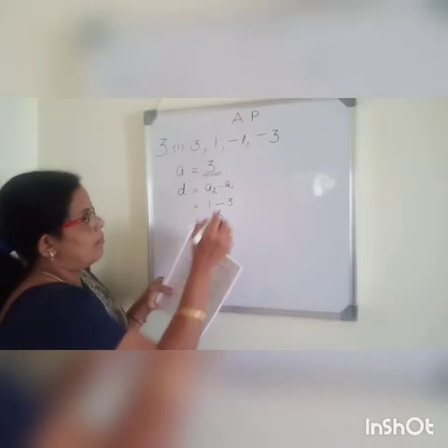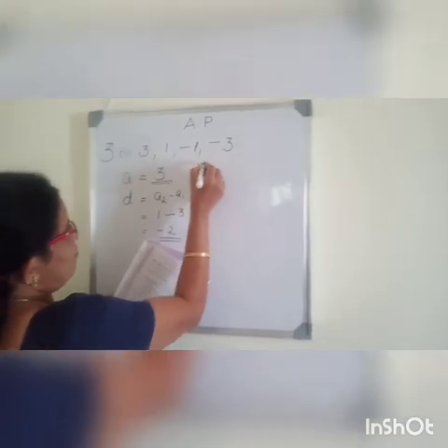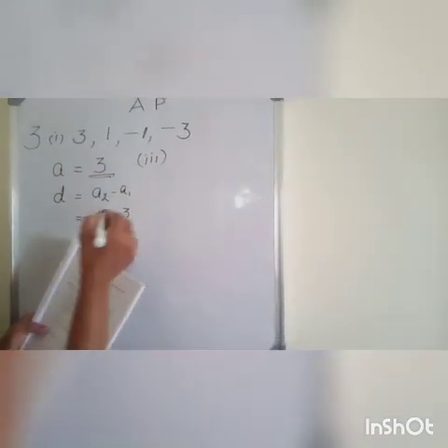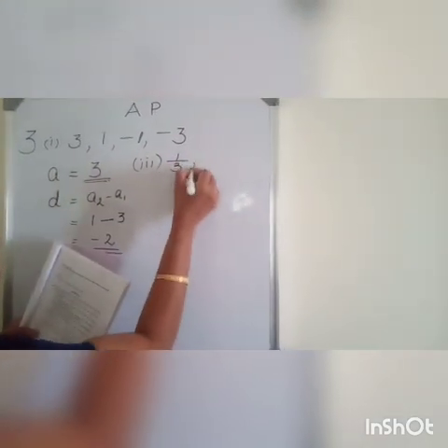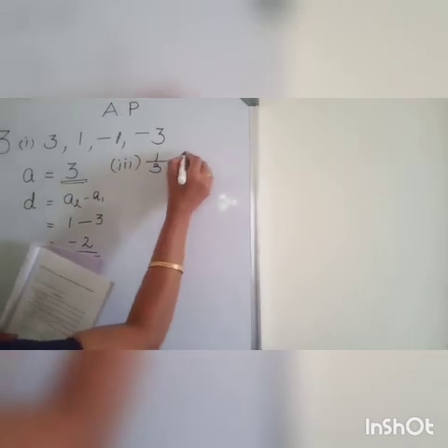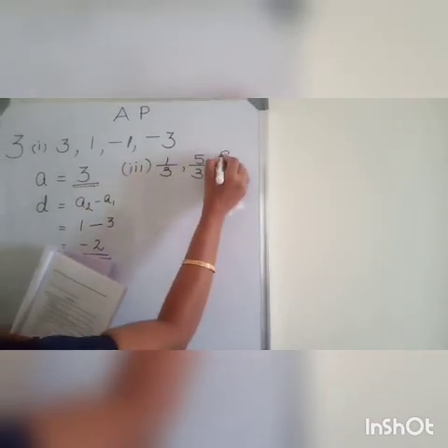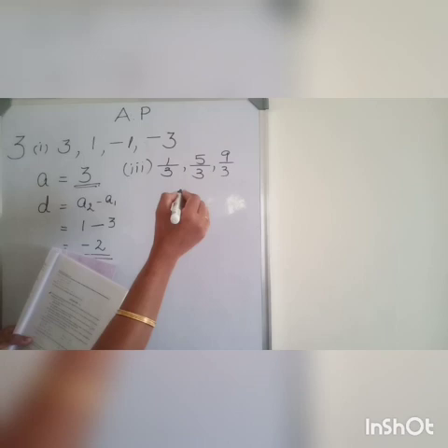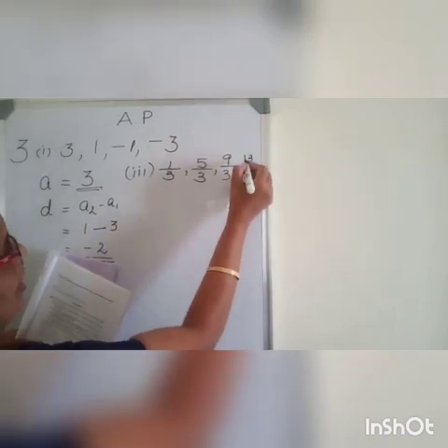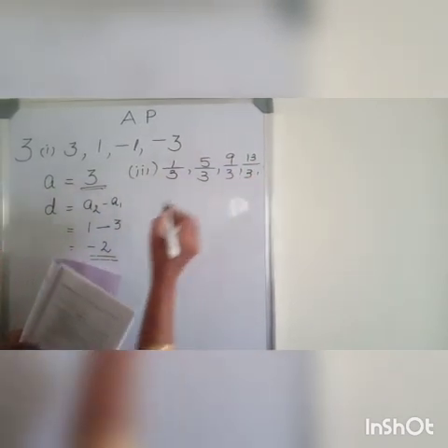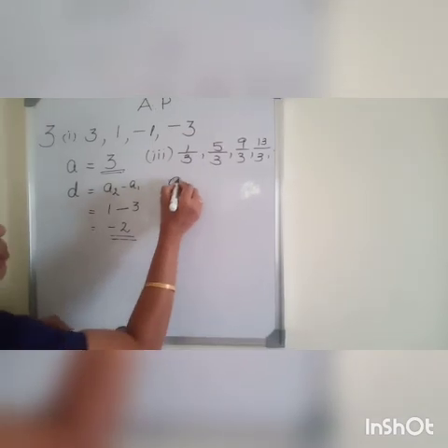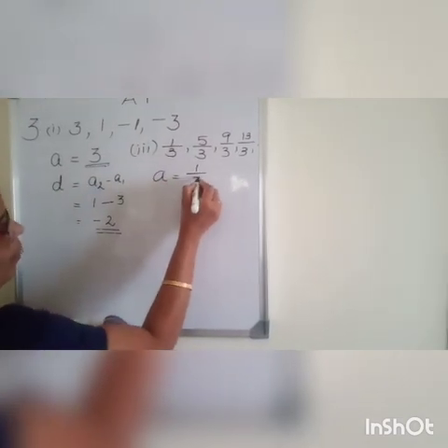Now the third sum. Terms are 1 by 3, 5 by 3, 9 by 3, 13 by 3, etc. So here A is equal to 1 by 3.